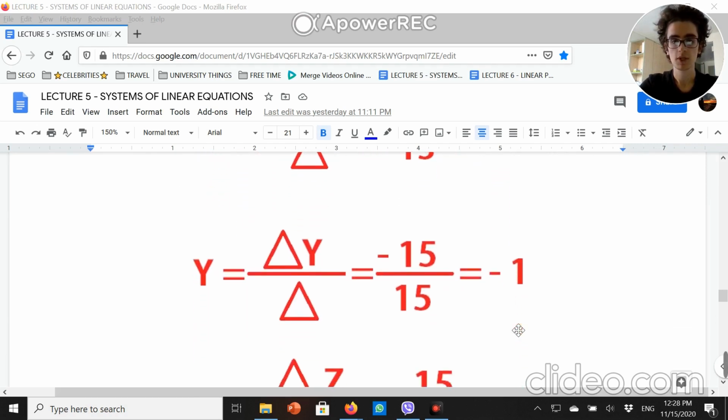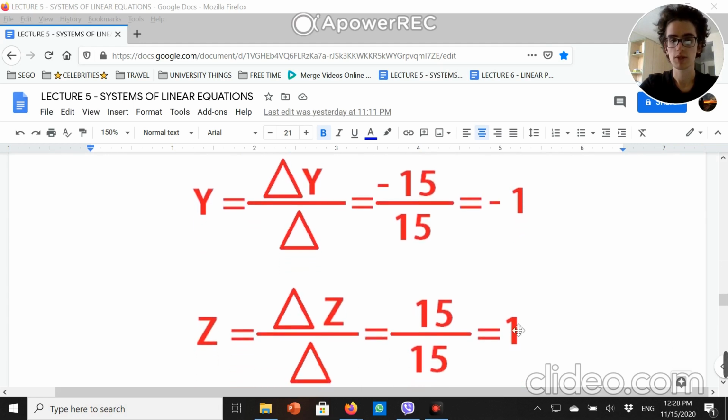The same principles of solving we would apply for y and z. So delta y divided by delta equals negative 15 over 15, which is negative 1, and z equals delta z divided by delta, so 15 over 15 equals 1.